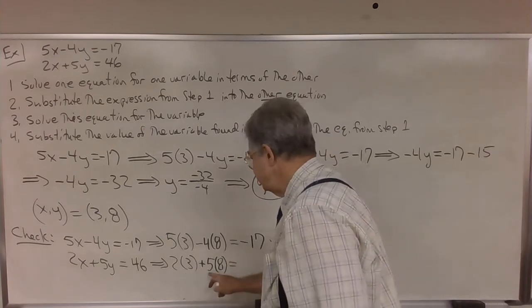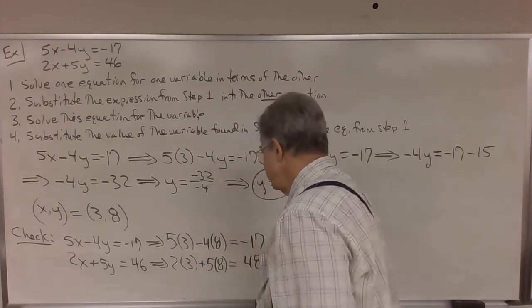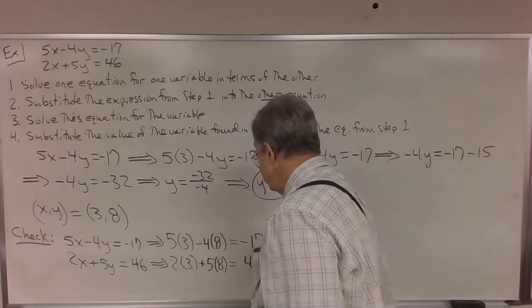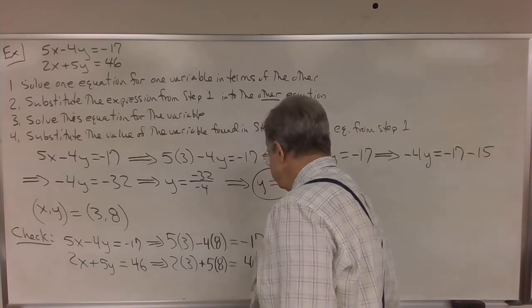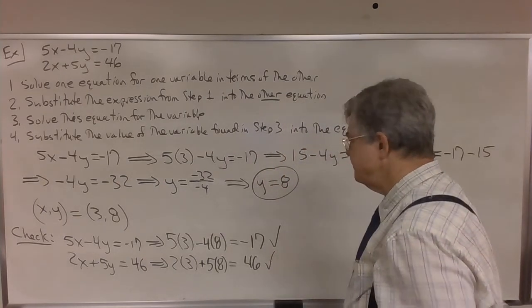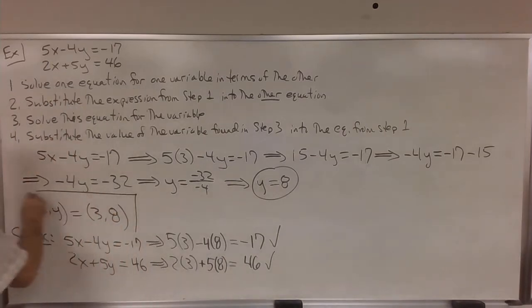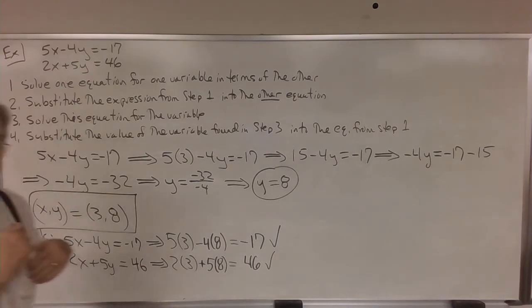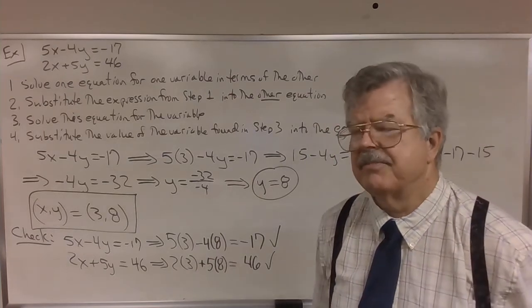So I have 6 plus 40, which is 46, which is exactly what I was supposed to get. Okay, so this is indeed the solution. And this is how we solve a system of equations by substitution.